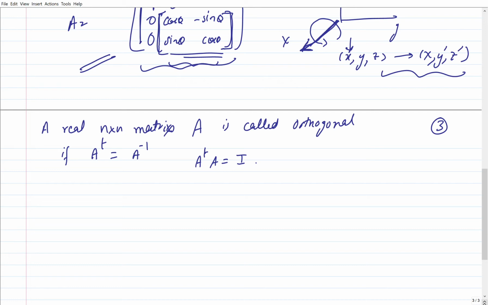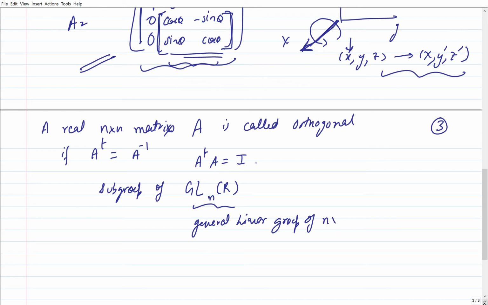And you can check that these orthogonal matrices form a subgroup of the general linear group of n by n matrices which are invertible.